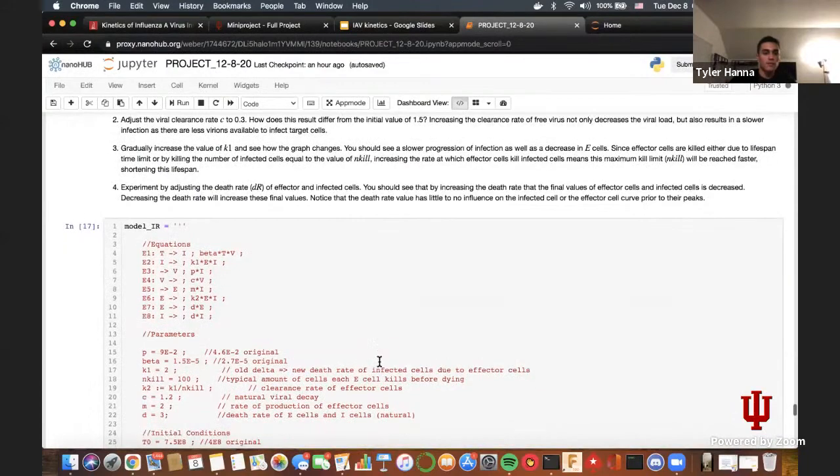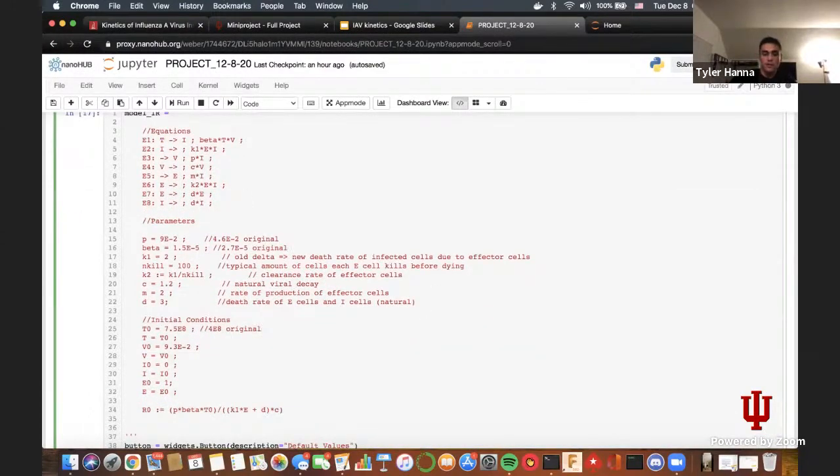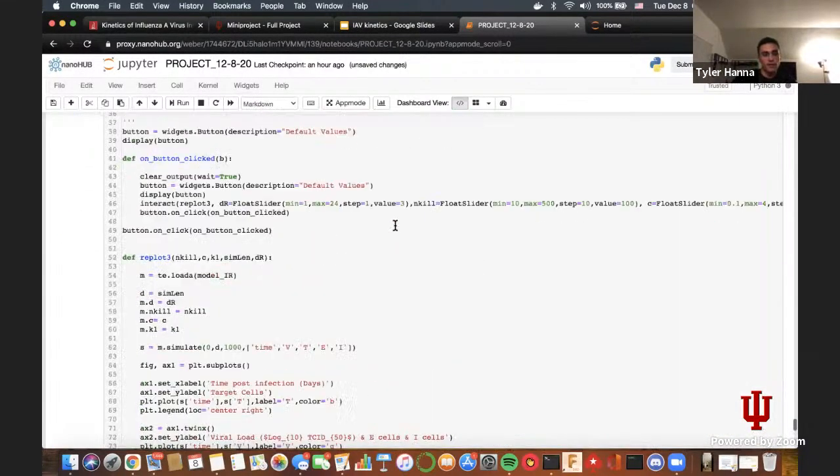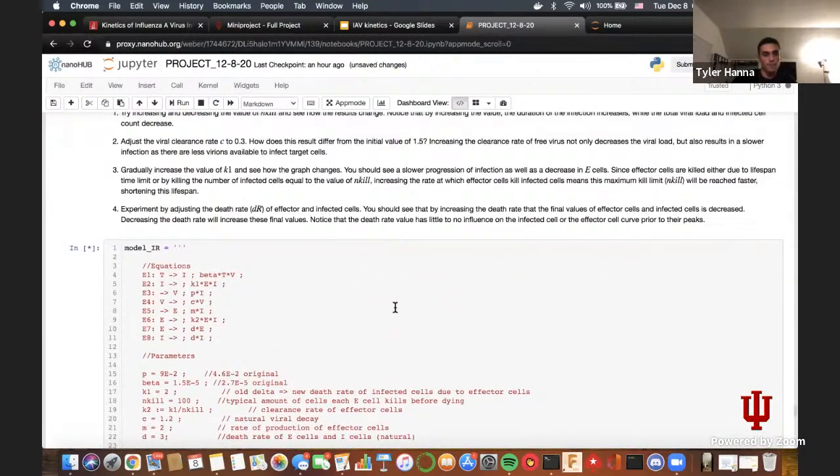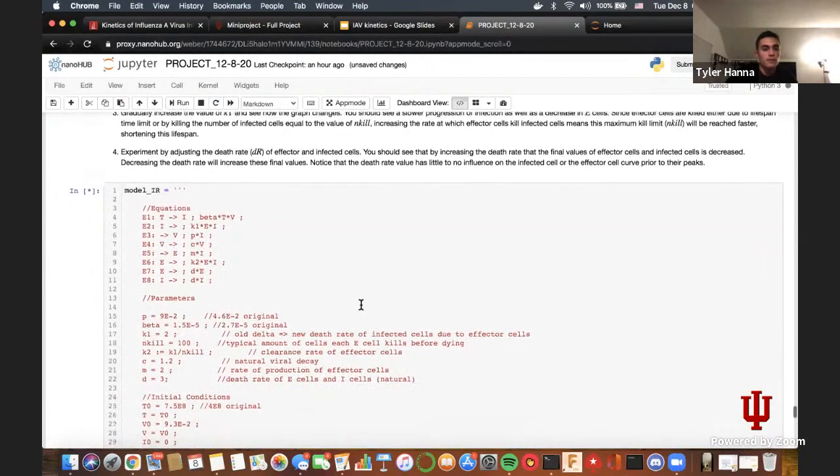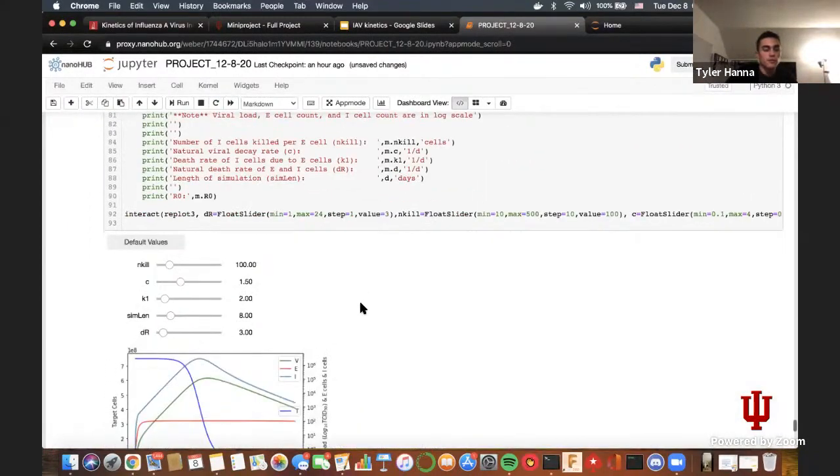And here we have an extension that looks to better define the immune response, which was summed up by the parameter delta. And if it loads, there we go.